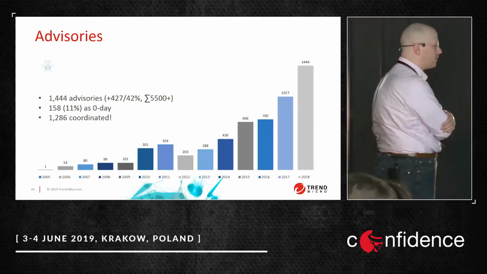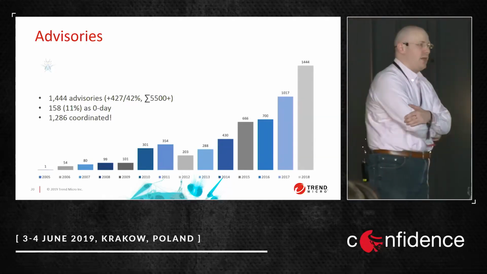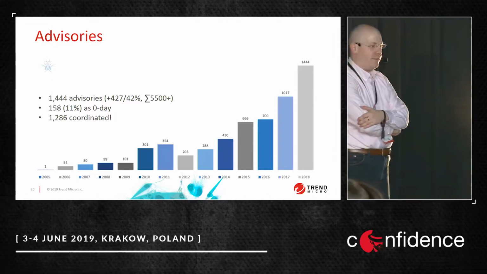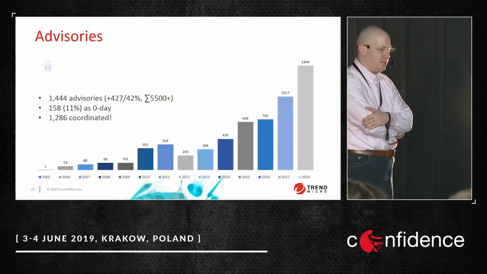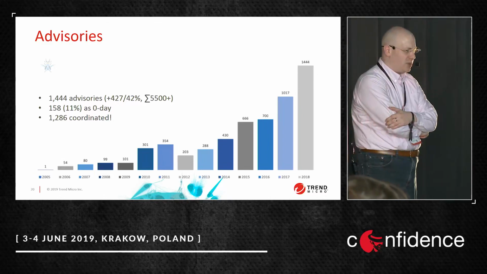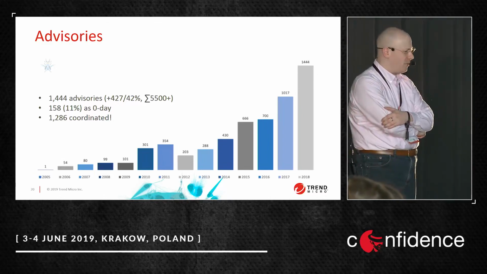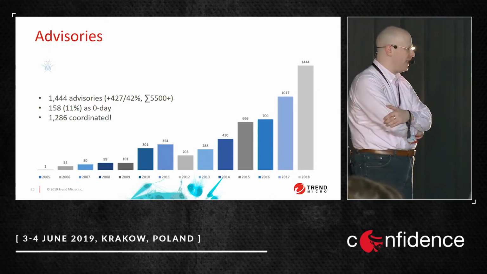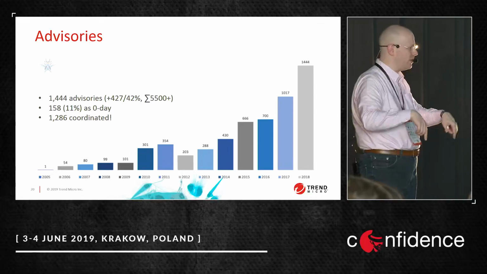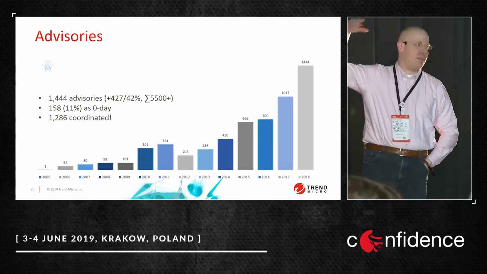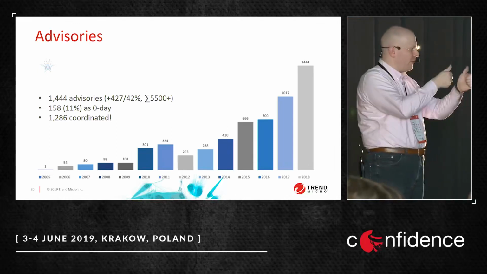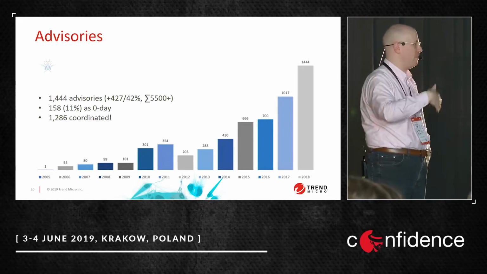The overall number of vulnerabilities, I think the ZDI was in the range of, I'm not quite sure, 45% of all vulnerabilities that were disclosed. So you can maybe double or triple that to get roughly the number of vulnerabilities that were disclosed publicly.